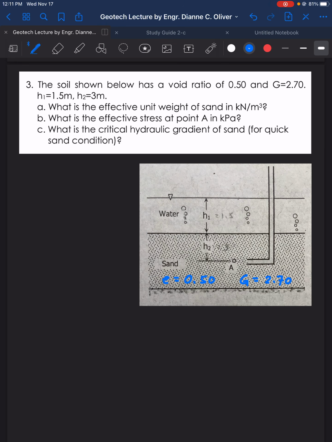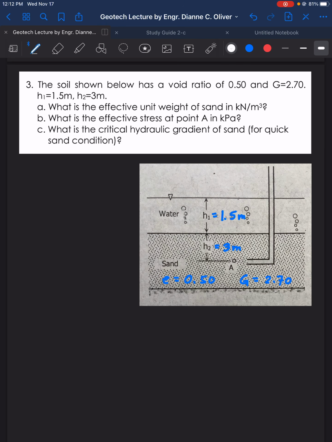H1 is 1.5 meters. Then H2 is 3 meters. What is the effective unit weight of sand in kilonewton per cubic meter? So it's looking for the effective unit weight of sand.